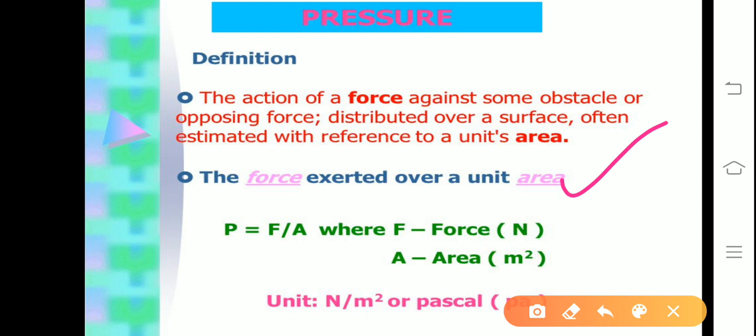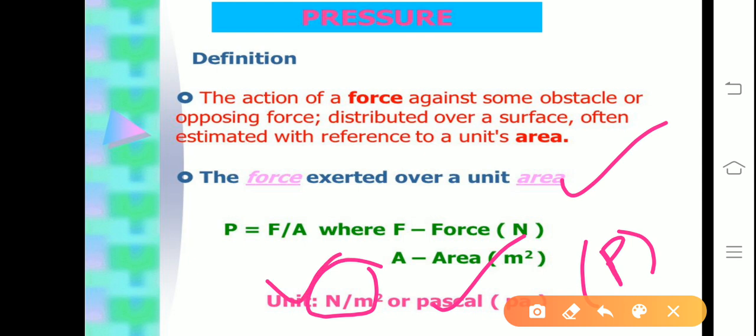Understand? The SI unit of pressure is Newton per meter square, or Pascal, represented by the letter Pa. This is the SI unit of pressure, very important.